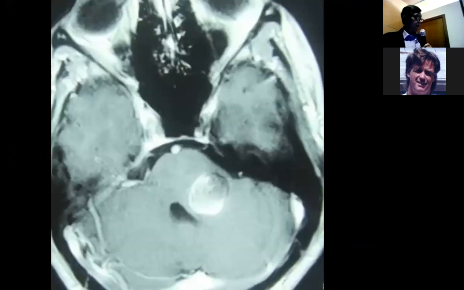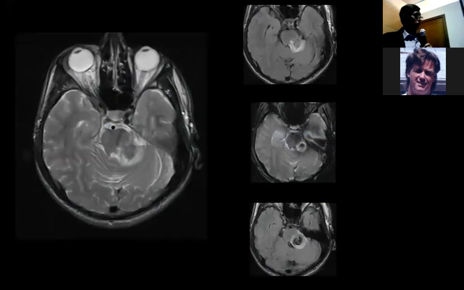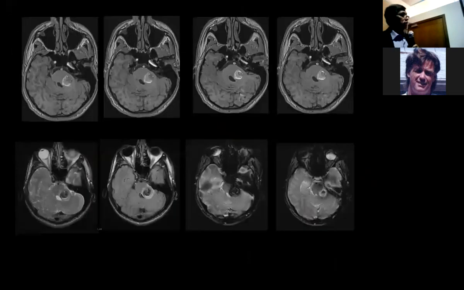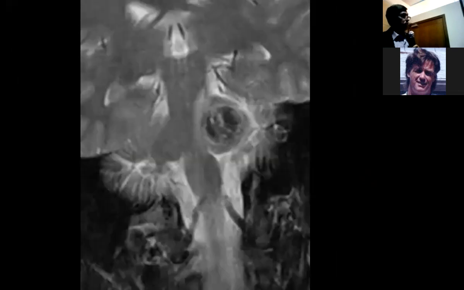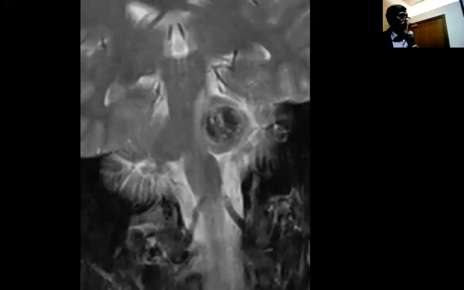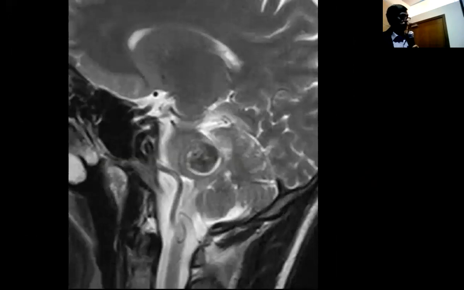So it's not presenting here, not there. It's a big one. And not only a big one, it's also going into the brainstem, midbrain, sorry. So here you are. These are the MRI images. You can see the lesion in the sagittal.